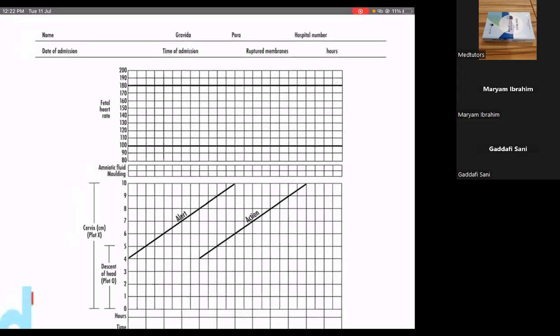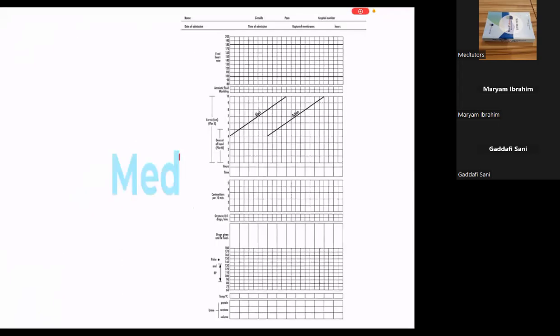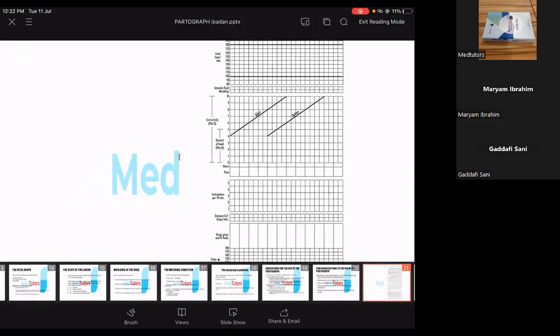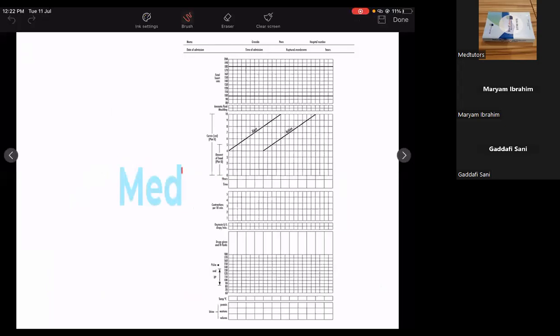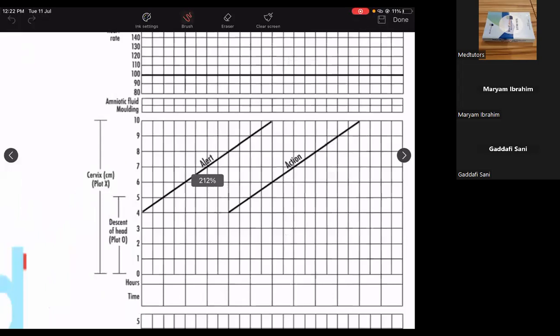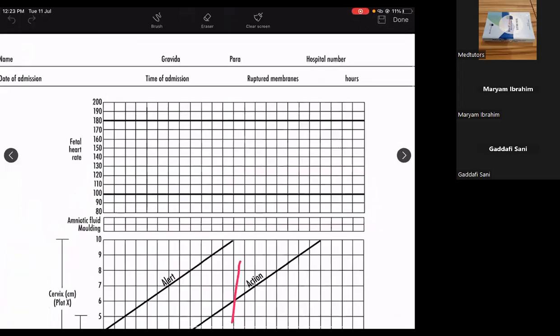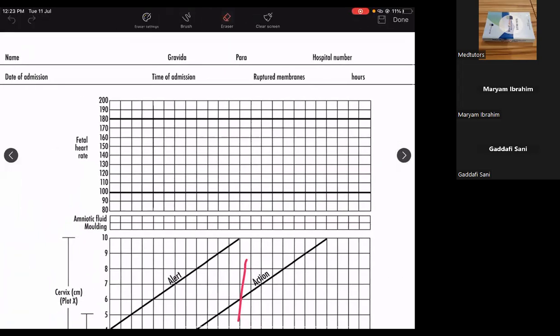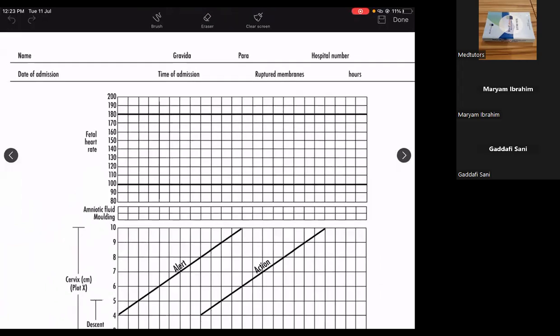So like this one now, for example, this example said Mrs. AB. So you know her name is Mrs. AB.